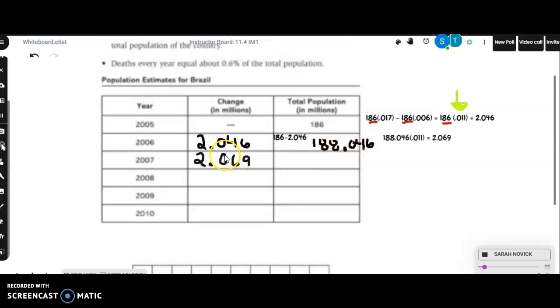So we would add 188.046 plus 2.069. You might be thinking, ugh, there are decimals, it's ugly, but this is just the way math is sometimes. When we count real things in the real world, sometimes they're ugly numbers. It just is what it is.